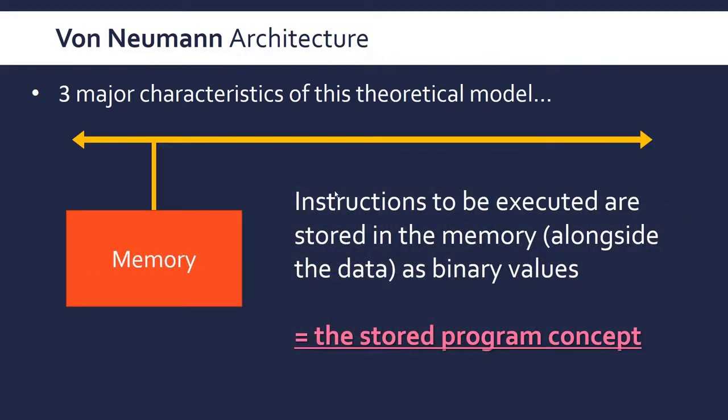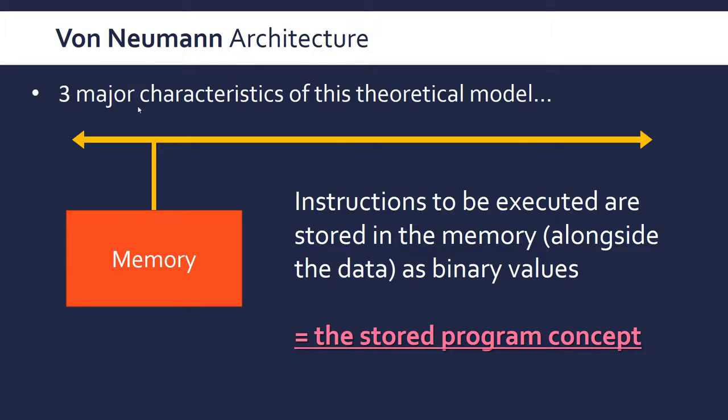But a second major characteristic of this is that the instructions that are executed are stored alongside the data in the memory. So everything is stored in the memory alongside each other in binary, as we would have talked about at another point of the course. And this concept, the fact that the data and the instructions are stored together, is the stored program concept.